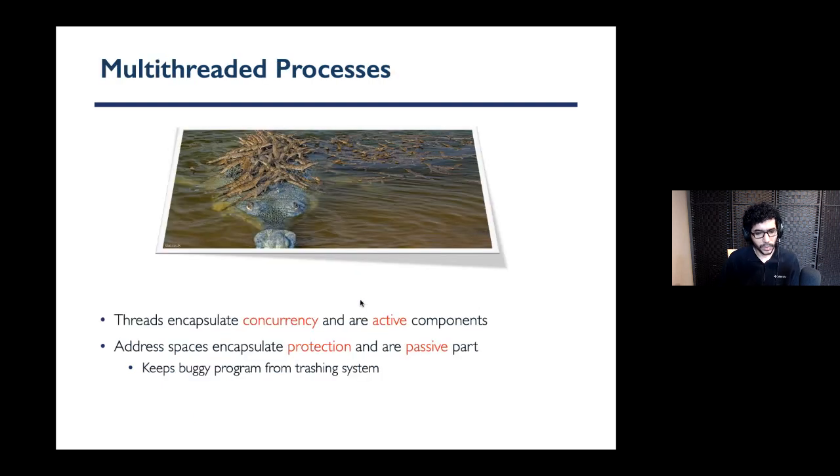We mentioned when we were talking about processes that they include 1 or more threads. Threads are the active components of the process, and the address space is the protected passive part that keeps processes from messing up with each other.